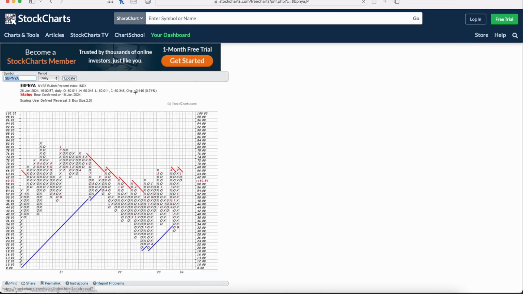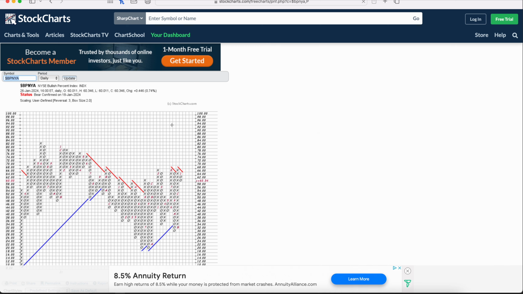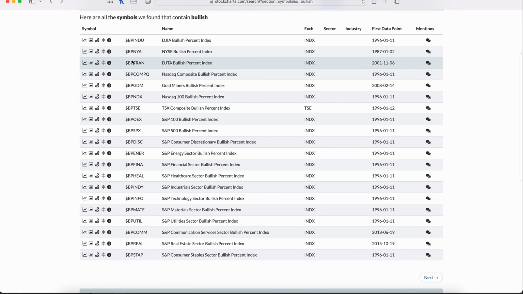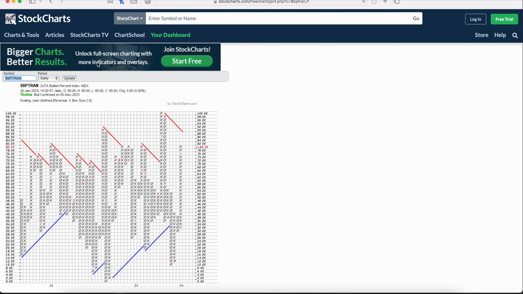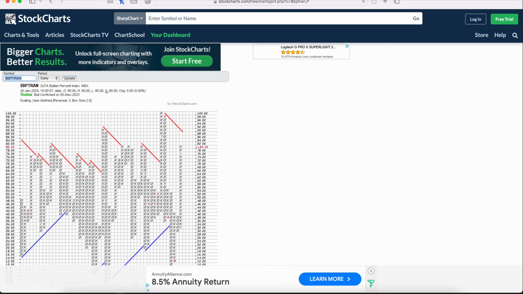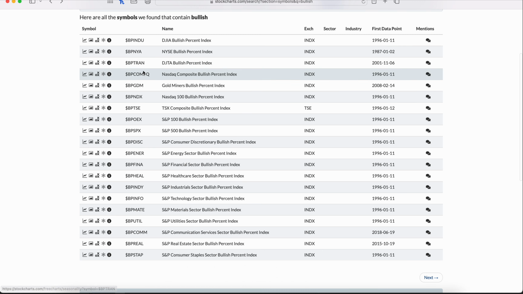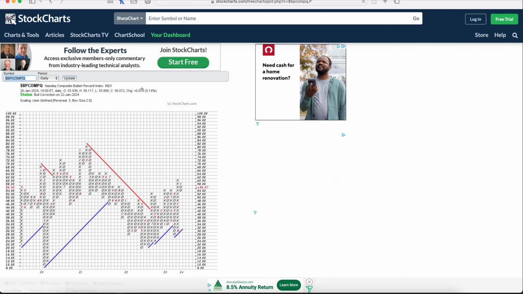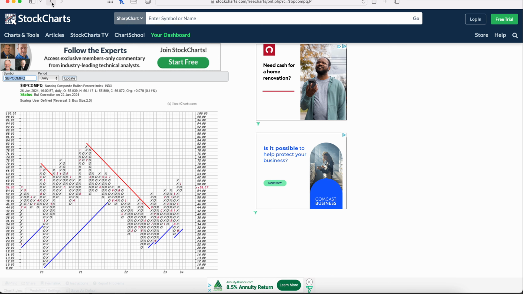The NYA has already rolled over to a column of O's, up 0.74% today. The transports didn't move, so that's interesting. The NASDAQ already rolled over to that same column of O's, and we went up 0.14% today.